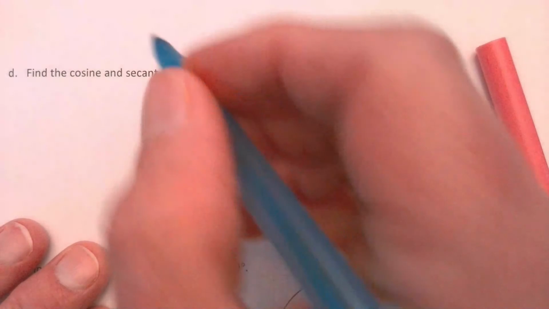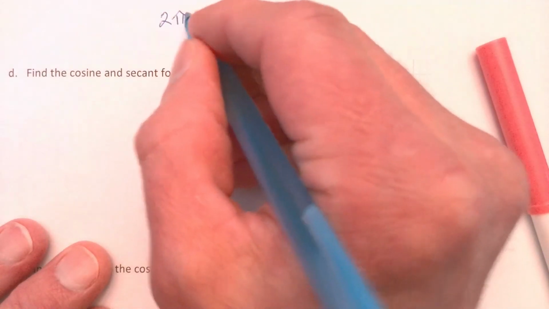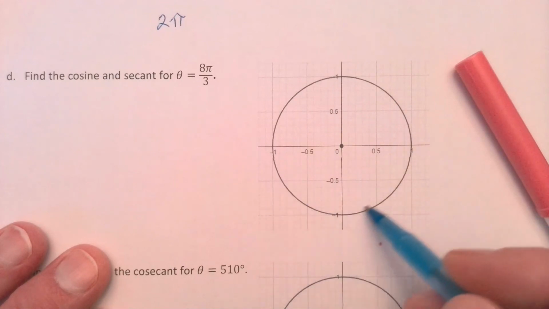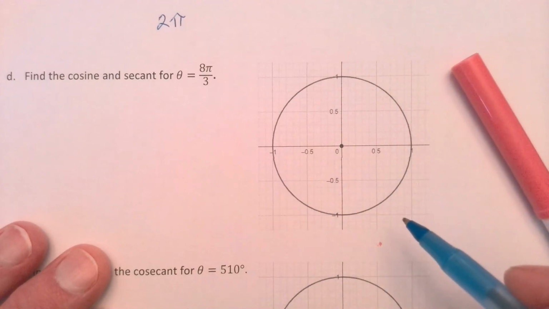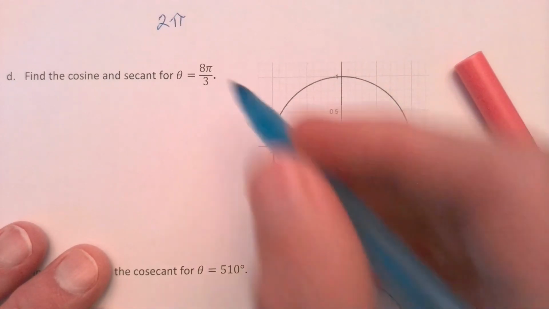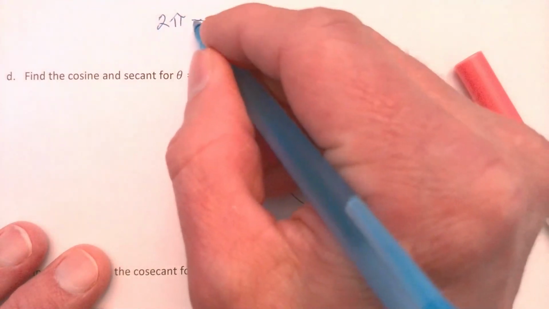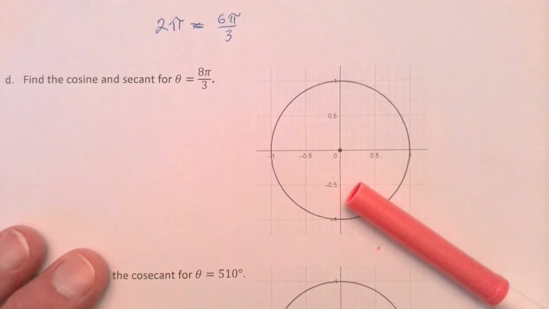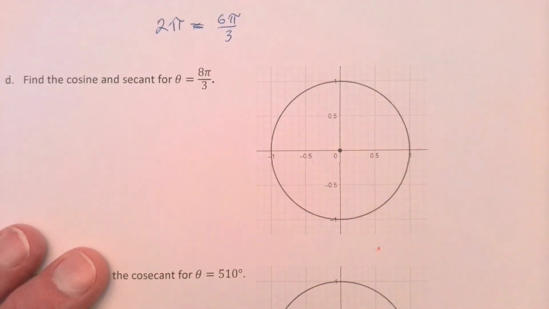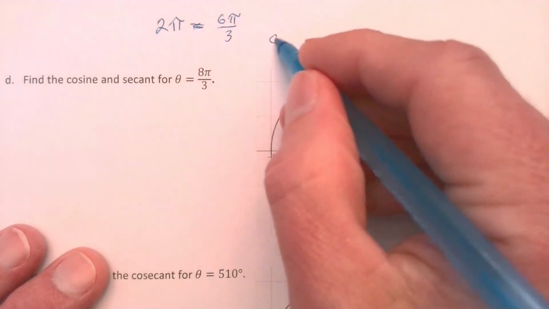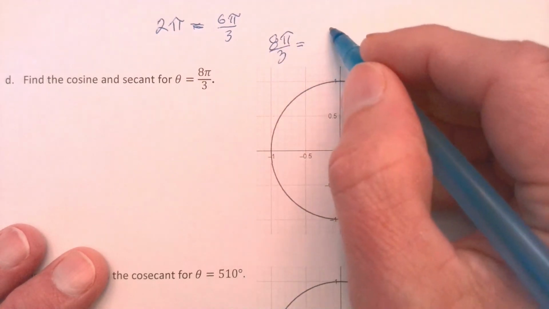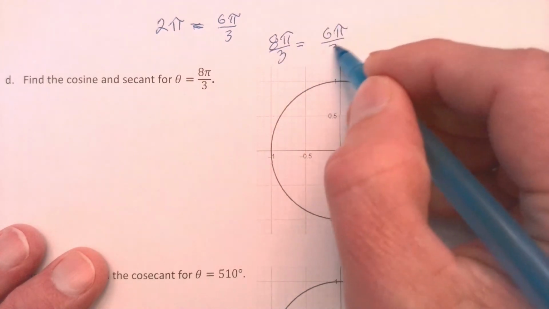So remember, 2 pi is a trip all the way around the circle. We might even have gone farther than that. I think we did, because 2 pi is equivalent to 6 pi over 3, and we have more than that. As a matter of fact, what we have, 8 pi over 3, is 6 pi over 3 plus 2 pi over 3.